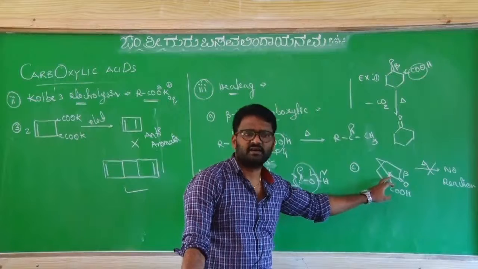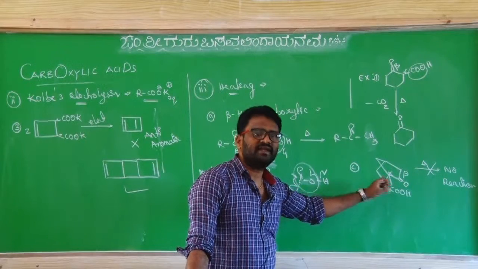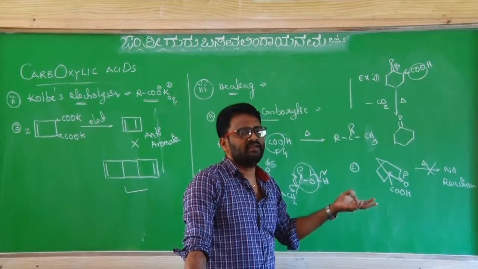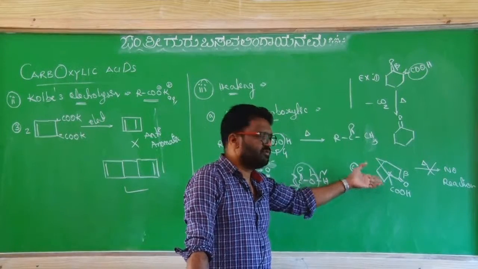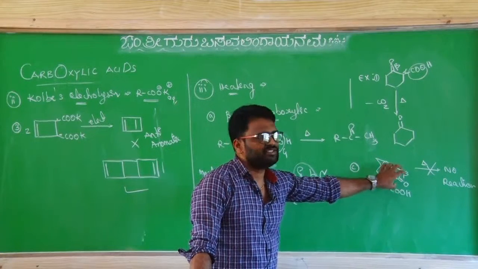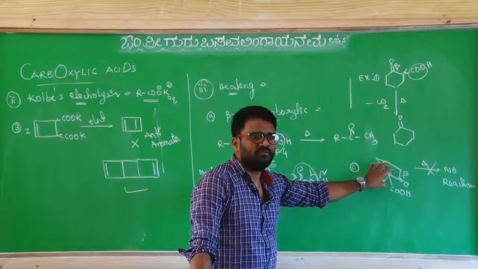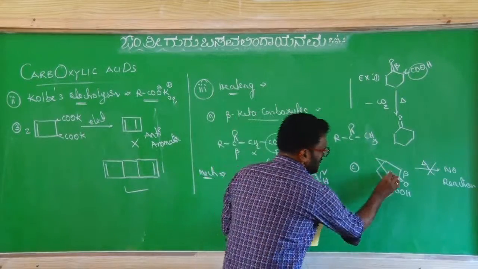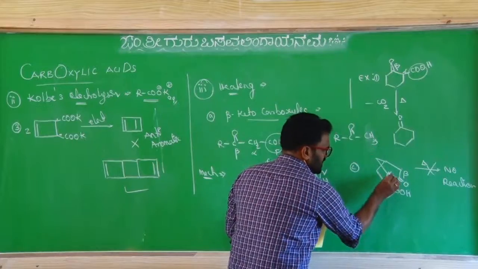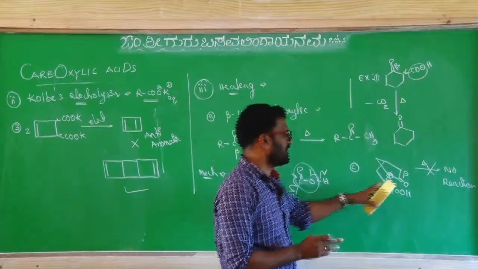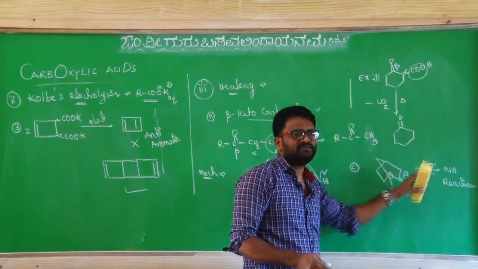At a bridged carbon, getting any carbanion or carbocation or radical is very difficult, because it would disturb the geometry, the shape of this bicyclo compound. Always remember that the alpha carbon is the bridged carbon, and a radical at a bridged carbon is unstable. That is why this compound cannot undergo loss of carbon dioxide.